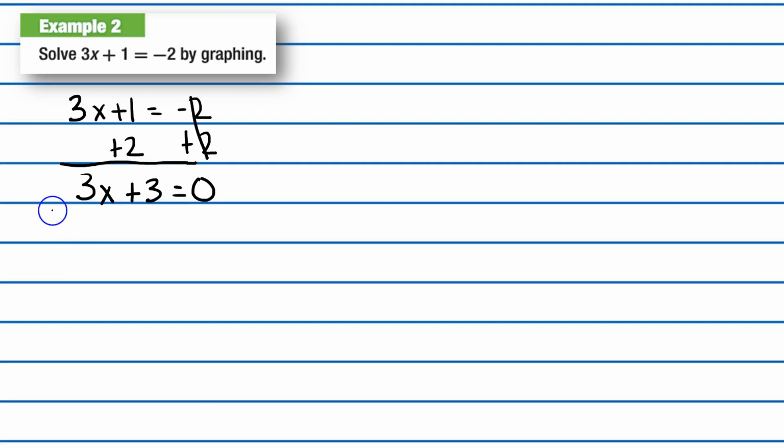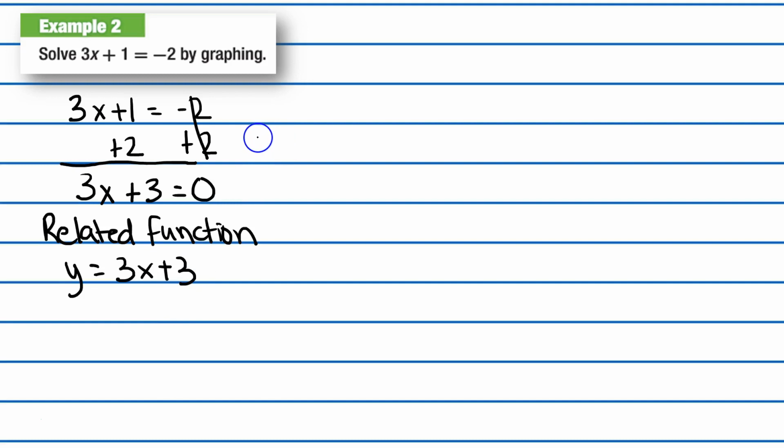So our related function is y is equal to 3x plus 3, which is why I wanted to set it equal to 0. So it looks more like the function that I need for a line.